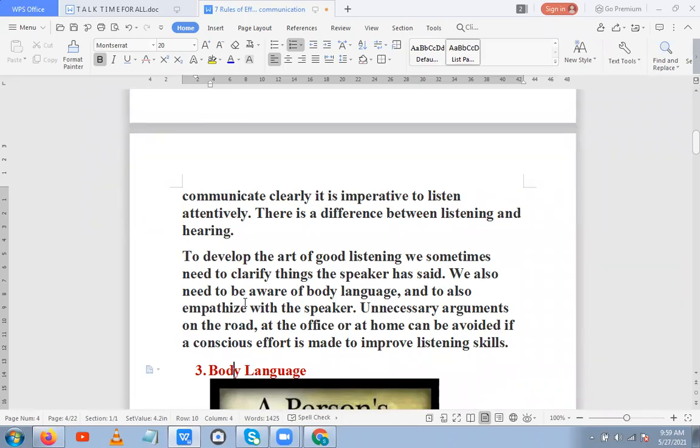Unnecessary arguments on the road, at the office, or at home can be avoided if a conscious effort is made to improve listening skills. So you can avoid a lot of misunderstandings. Sometimes it happens on roads, when people are arguing about something, a third party comes in without listening, without thinking.